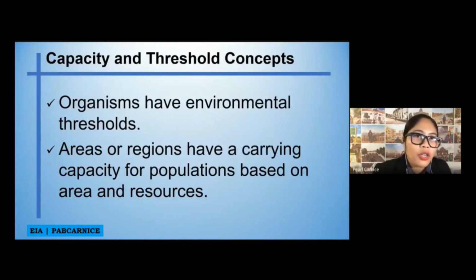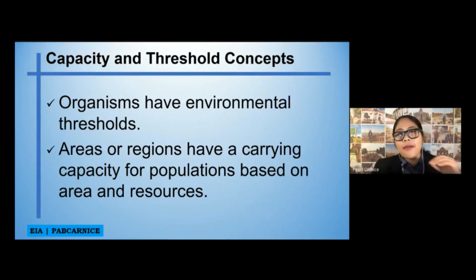that are specifically in the environment. There are areas, or let us say, for example, a lake. We can actually calculate what is the assimilative capacity of a certain lake. When we say assimilative capacity, it is the capacity of the lake to hold a certain amount, or a certain volume, of pollution.